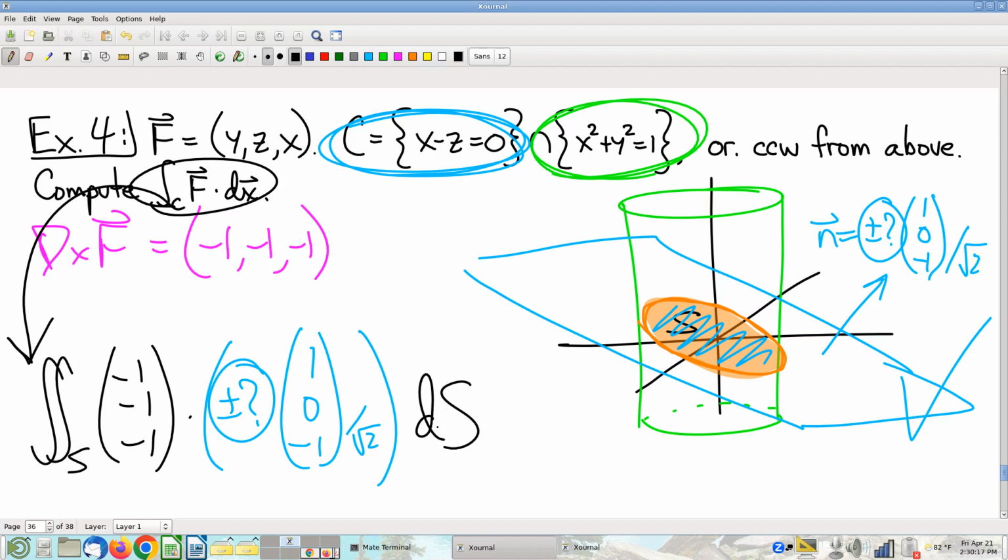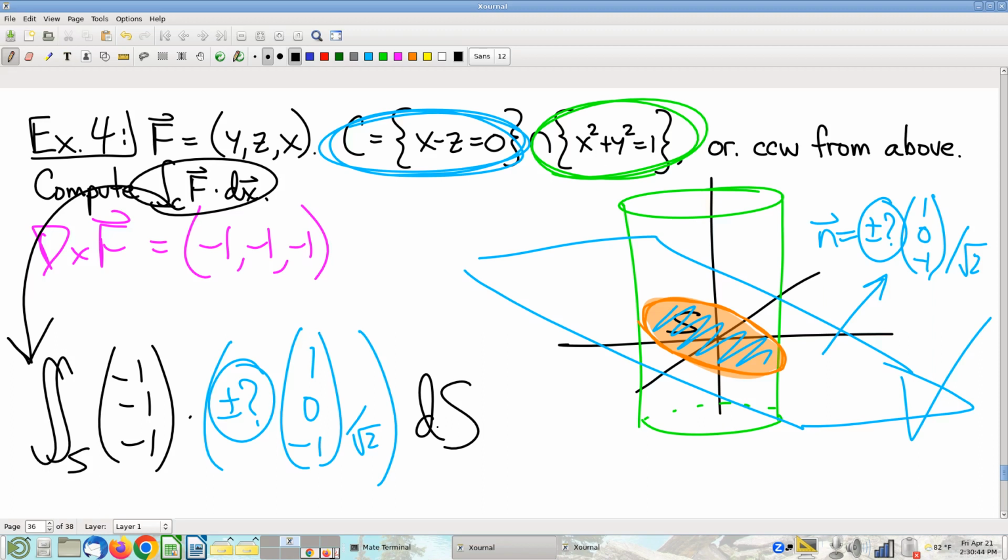That dot product is 0, boom, done. We don't have to worry about orientations. I don't have to parameterize anything. Immediately 0. So always be on the lookout for good fortune, right? Sometimes the geometry is, you just gotta love it. This is perfect. It's exactly what we need. Sometimes.